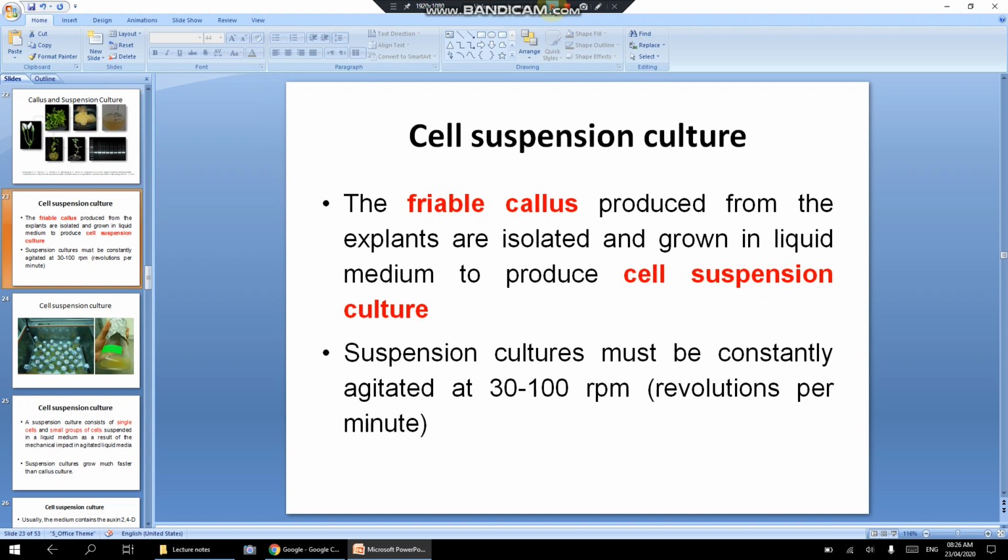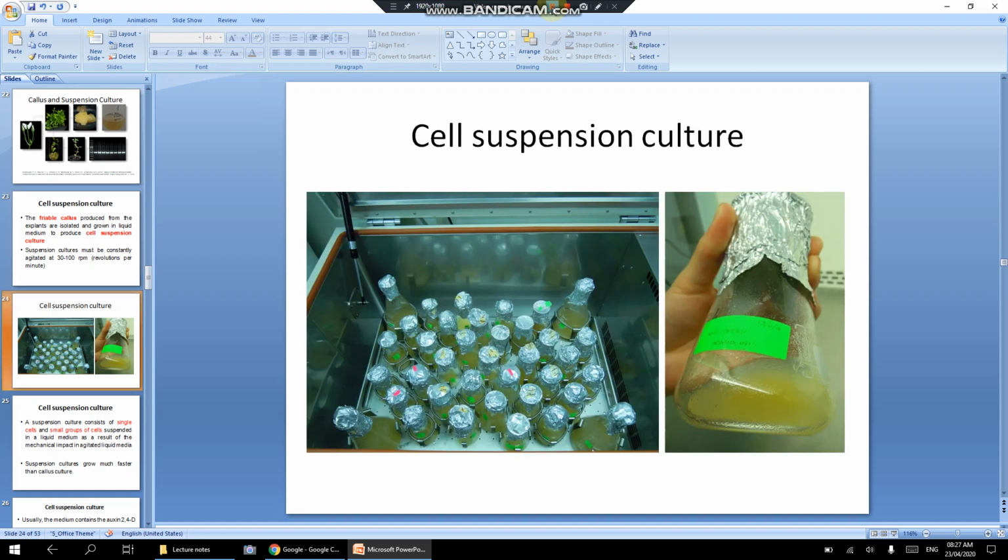Suspension culture must be constantly agitated at 30 to 100 RPM, so that it can constantly eat. When you agitate, the cell is able to eat from the media, because it does not have any limbs. That's why you agitate the cells.